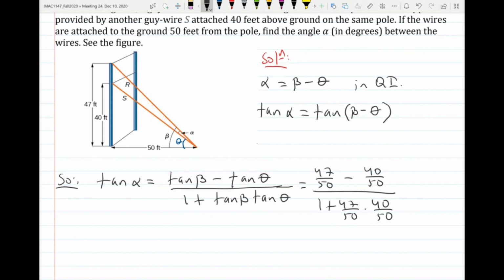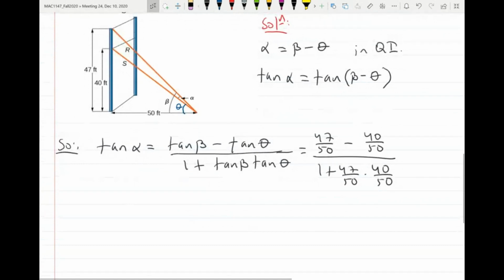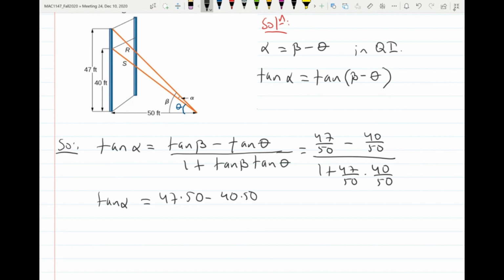All right, so now let's just calculate this. I'm going to simplify by multiplying top and bottom by 2500, which is 50 squared, just to get rid of those little fractions. So we get the tangent of alpha is going to be 47 times 50 minus 40 times 50, divided by 2500 plus 47 times 40.